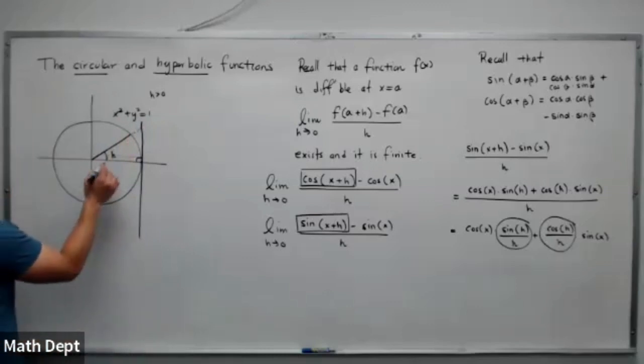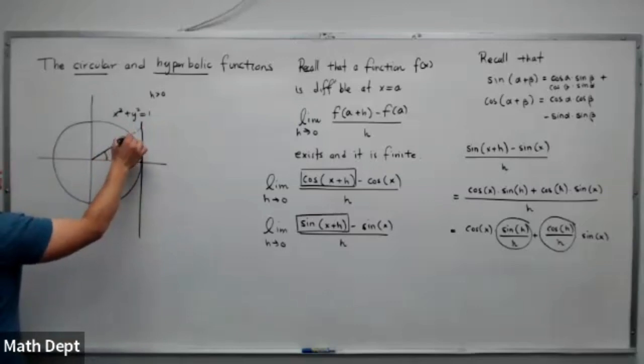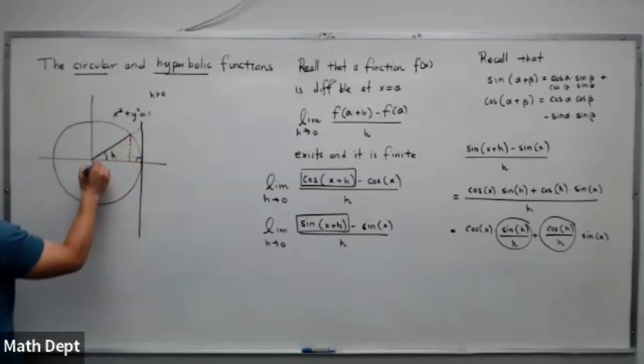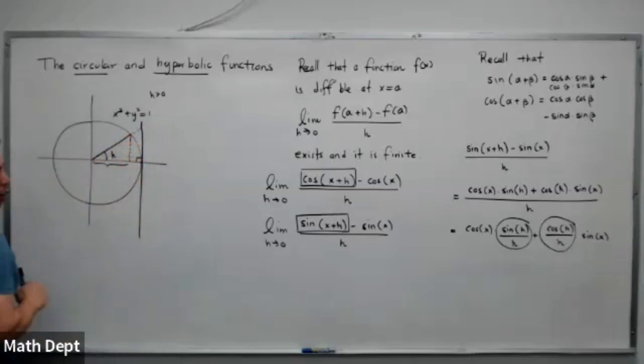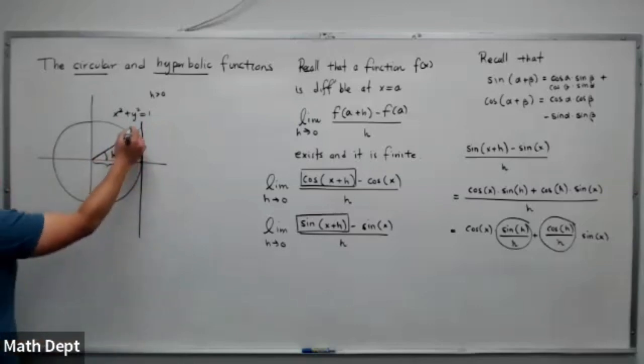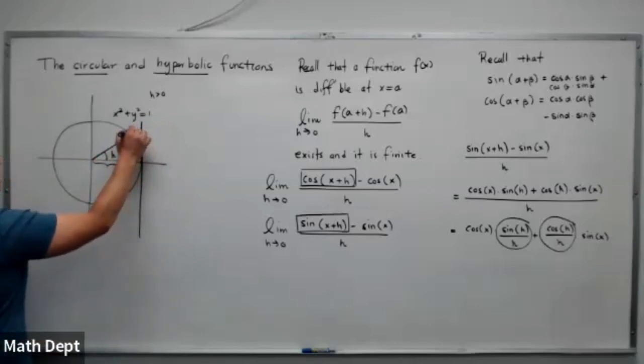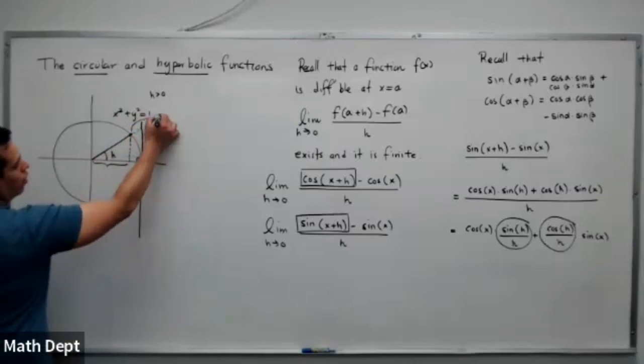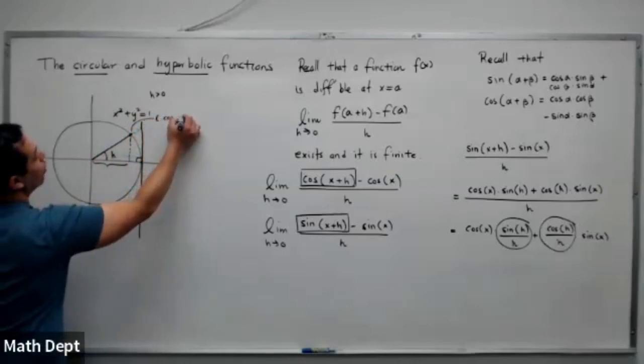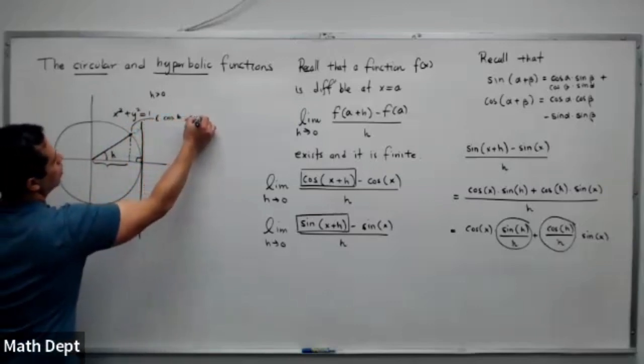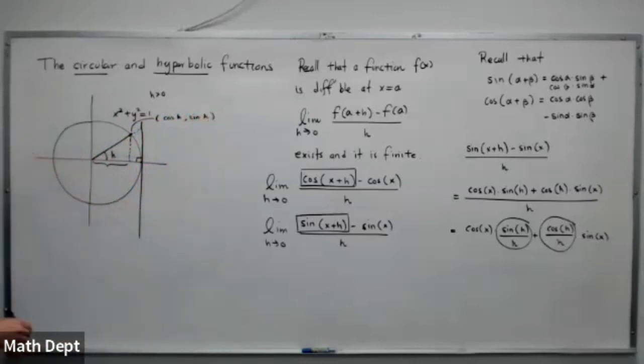The first one is associated with this triangle. Of course, we know the coordinates of this point: by definition, cosine of h, sine of h.